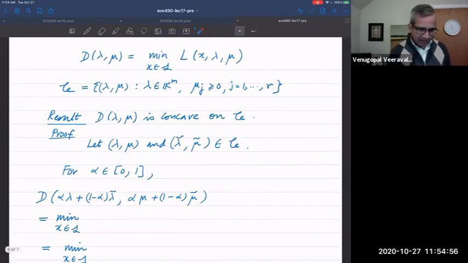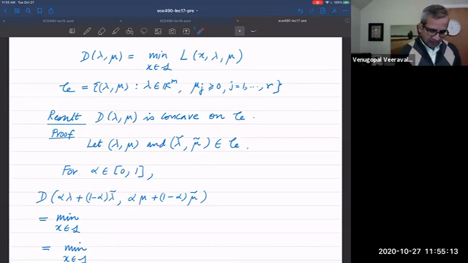So let's look at that again. The dual function is to take the Lagrangian, minimize it over x, and look at the multipliers such that the mu_j's are all non-negative. So the claim is that d(lambda, mu) is concave on this set.